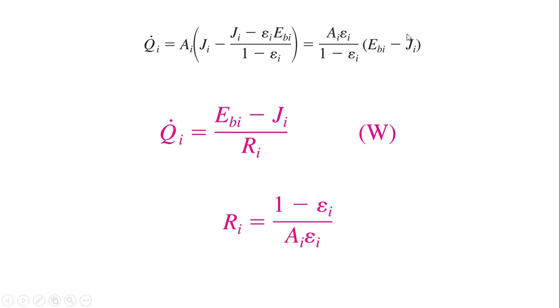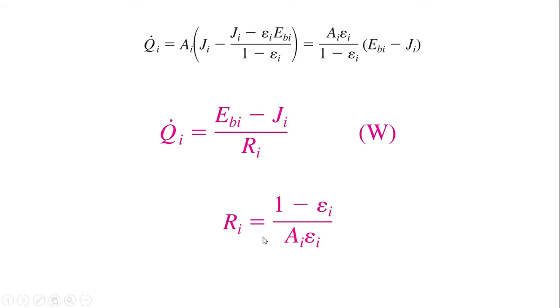So this expression can be converted by this expression if we replace this part of the equation with the resistance of that surface. So the resistance of that particular surface can be represented by this formula.